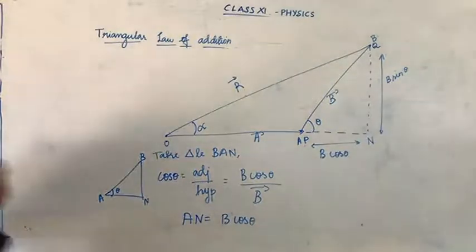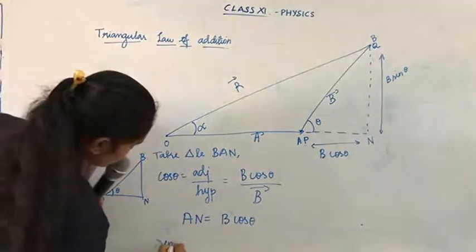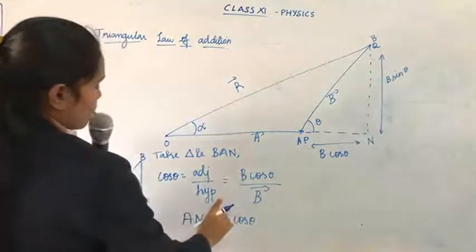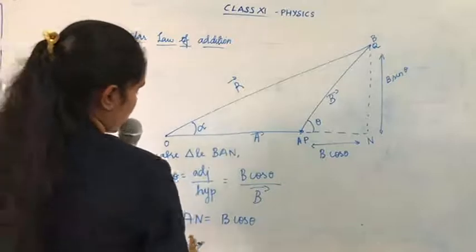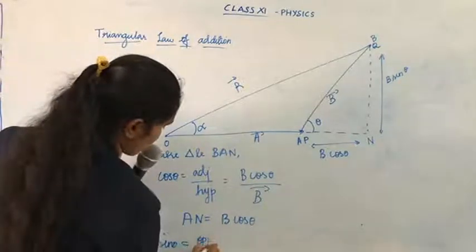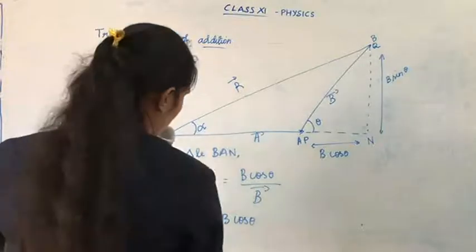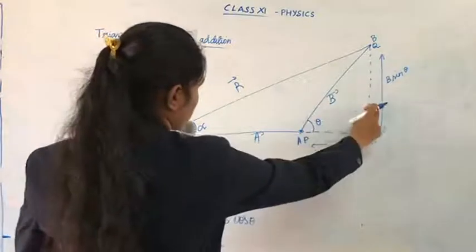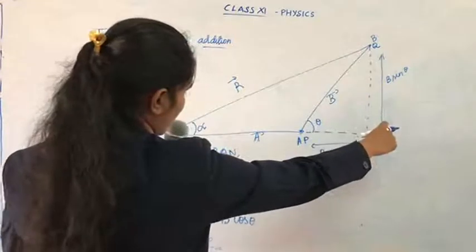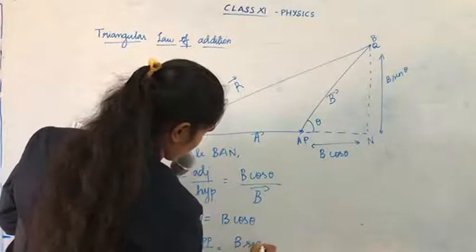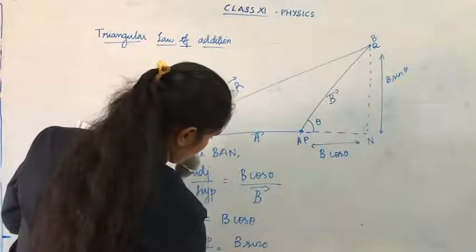Now take sin theta. Sin theta equal to what? Adjacent side by hypotenuse is cos theta. So sin theta is opposite side by hypotenuse. What is the opposite side? B sin theta by B vector.